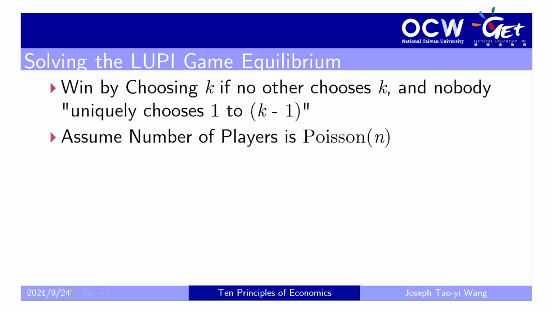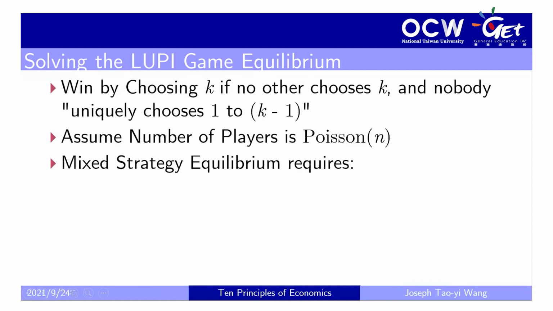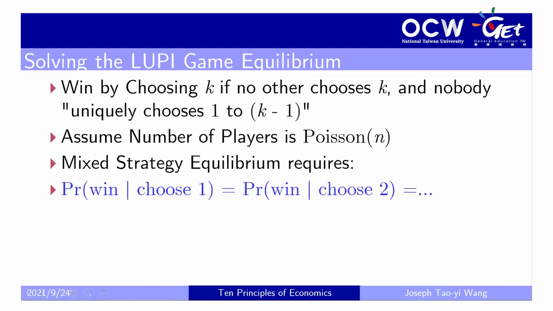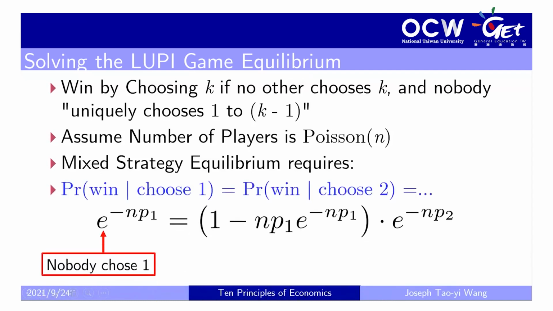Well, if you calculate the probability of these different situations, you should pick the number that gives you the highest winning probability. So in equilibrium, the winning probabilities should all be the same. And if you assume the number of players is Poisson, you can actually solve the mixed strategy equilibrium here so that all of the winning probabilities are the same. You can actually write down a very crazy formula.